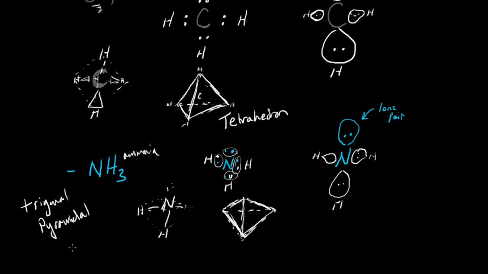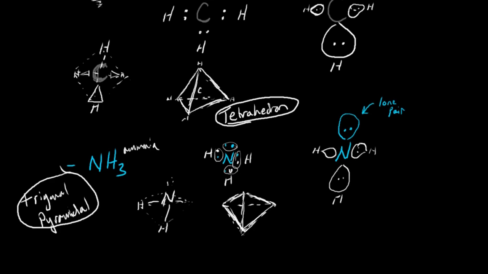So it's a pyramid with a 3-sided base, but it's not the full tetrahedron like this over here. So we have tetrahedron, we have trigonal pyramidal. Those are the more complicated ones. They get easier from here.